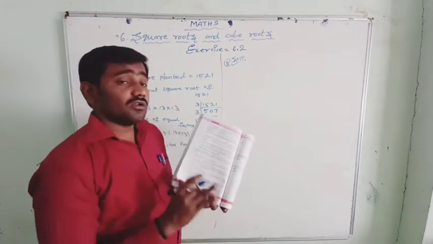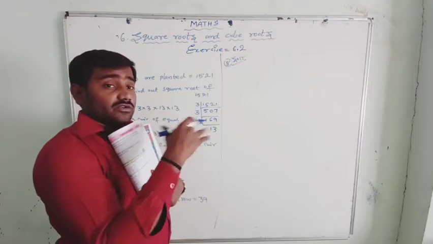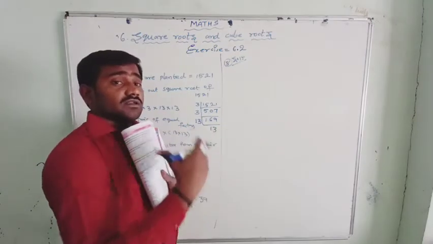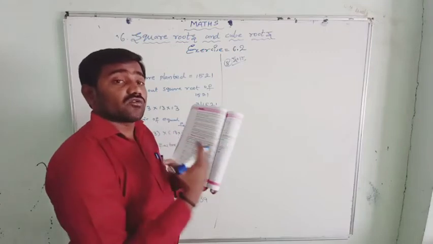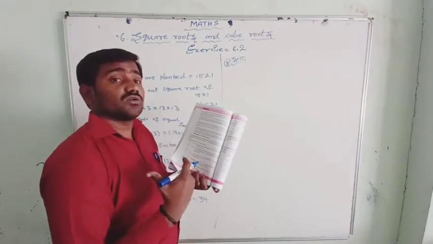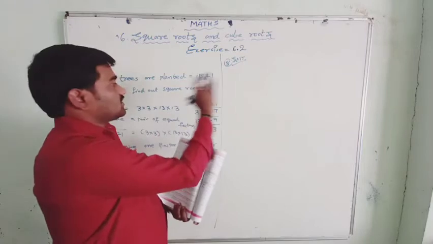So same, in the auditorium there are some soldiers sitting. How many soldiers are sitting in a row? The number of rows is equal to the number of soldiers sitting in each row. Same as this problem.